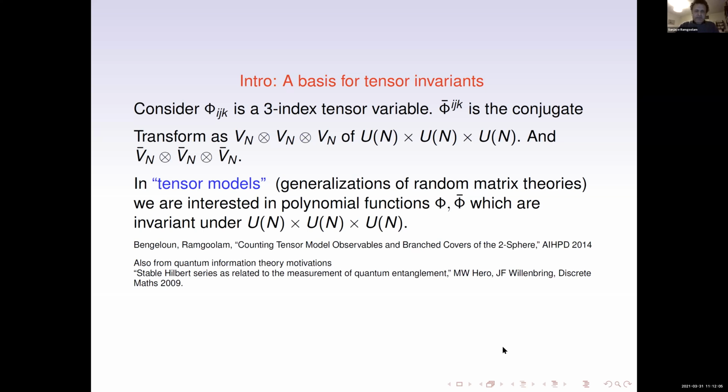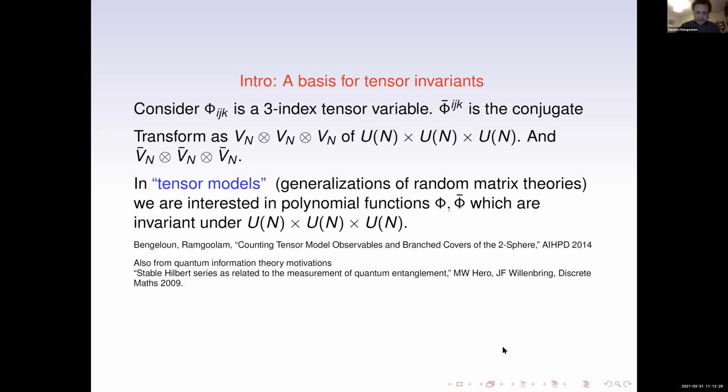People have been interested in what are called tensor models. They are some kind of generalization of random matrix theories, where in random matrix theories you have random matrix variables, something like phi ij. Here you have three-index objects, which are your random variables, and you are doing an integration over these.